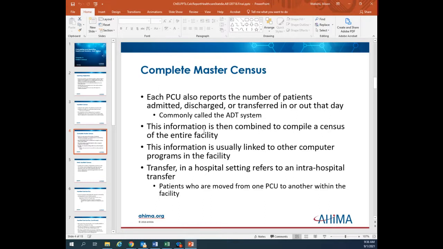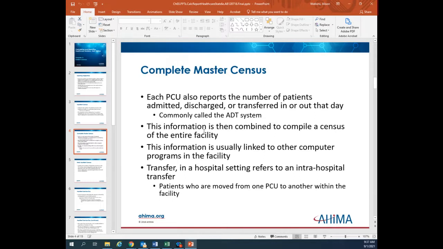We also need to make sure you're familiar with terms like admission date, the day that the patient first enters the hospital as an inpatient. That's not going to be if they're in the ER. If they have been admitted as an inpatient, and there is a difference between an inpatient and someone there that's for observation. The discharge day is the day the patient leaves the hospital.